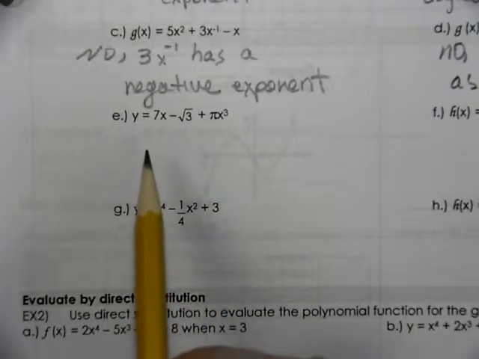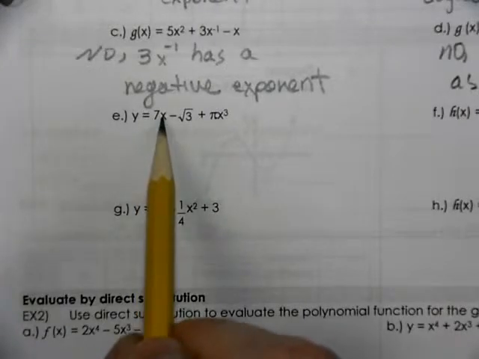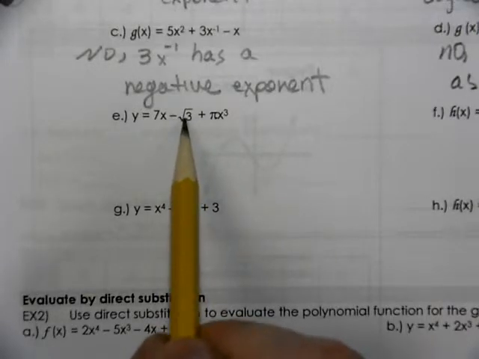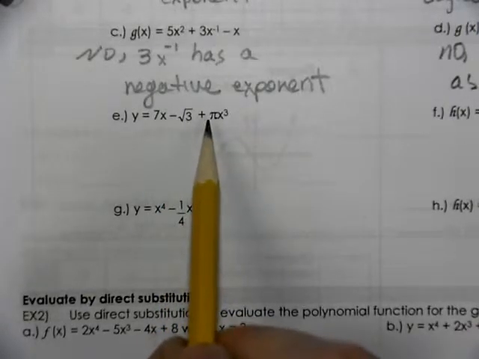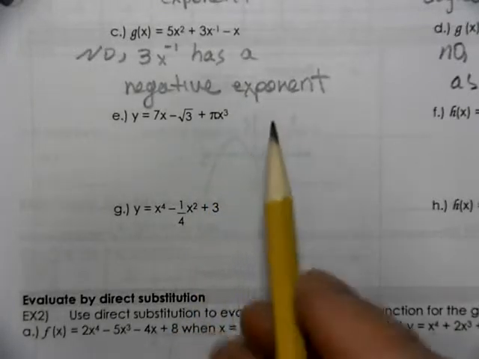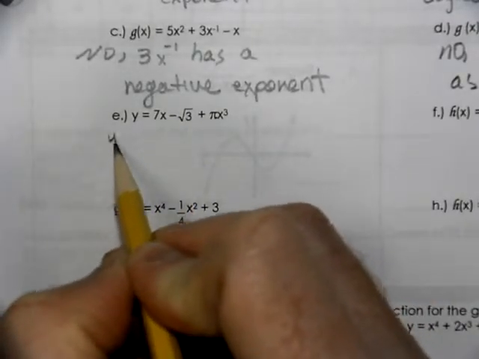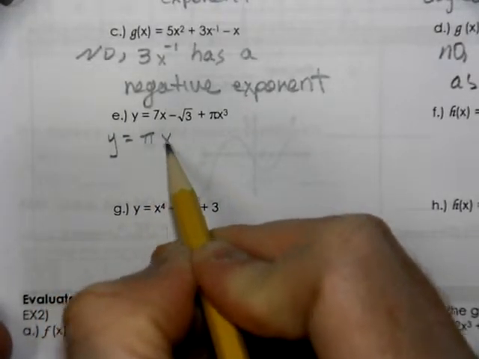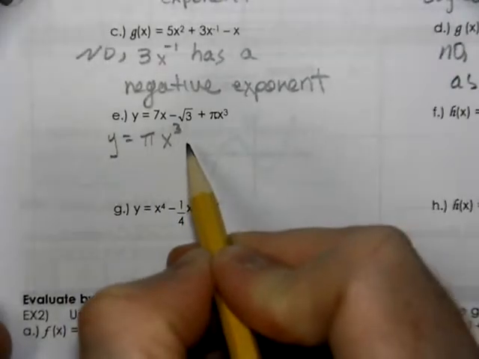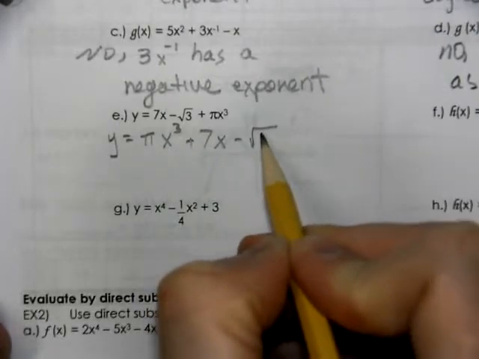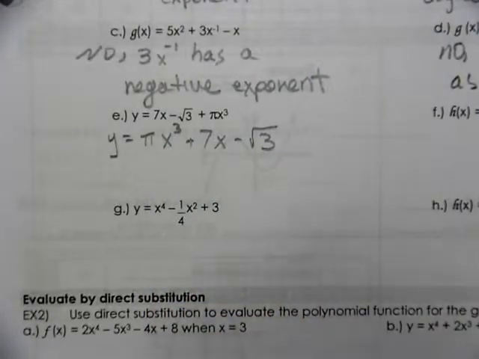Letter E. 7x to the 1st power, that's okay. The square root of a number by itself is okay. Pi is okay as long as it's not the exponent. X to the 3rd is okay. So this turns out to be y equals your largest exponent is 3, so that would go first, and then 1, and then no variable.